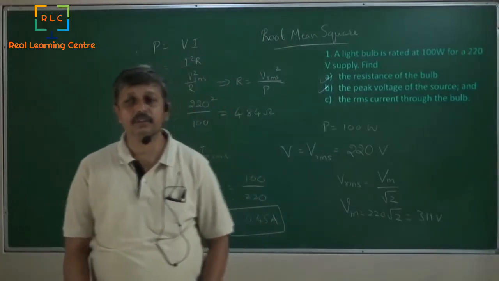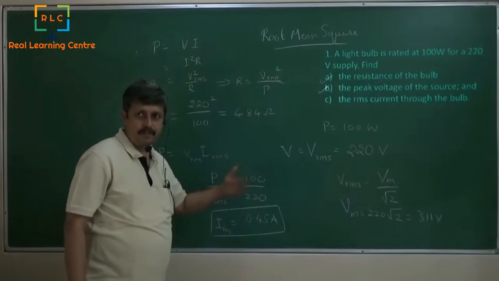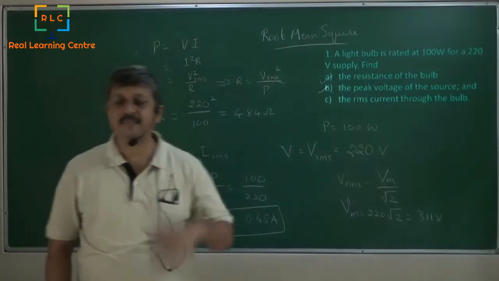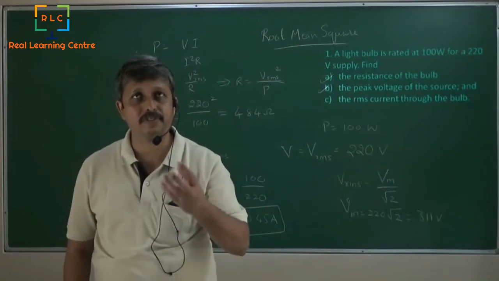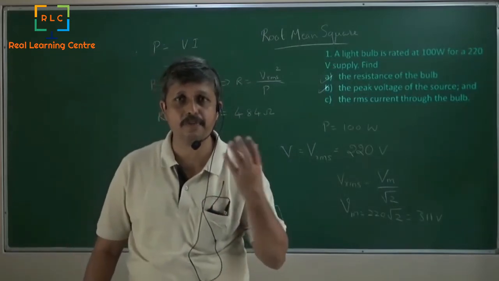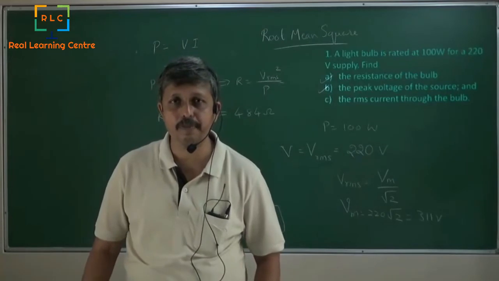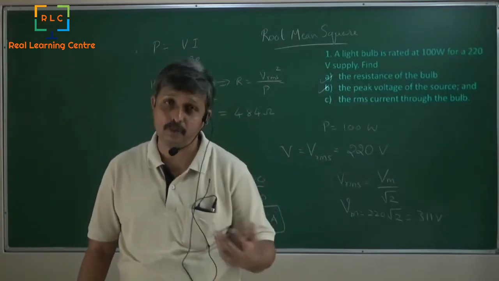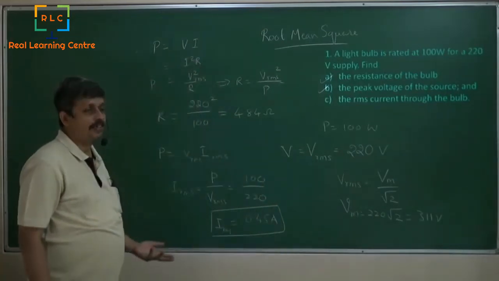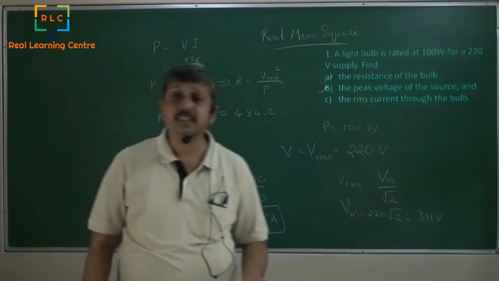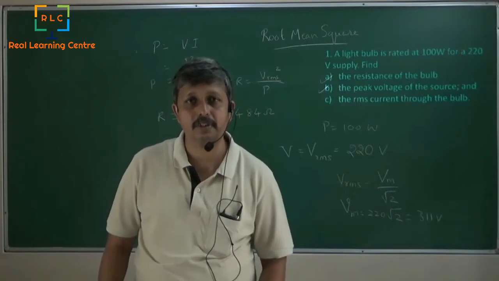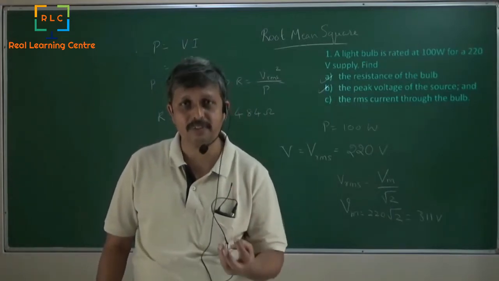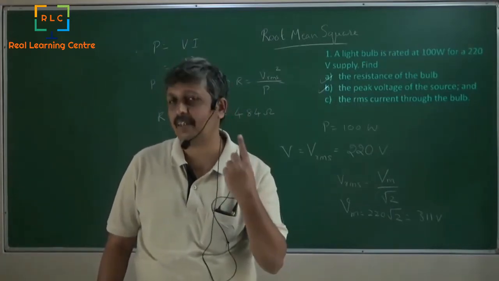Please understand, those numbers are required for you to get a feel of what power means, how much current and how much voltage. All that you should be able to quickly think about. So if you have, let us say, a 220-watt bulb at 220 volts, it would give you just 1 amp current.